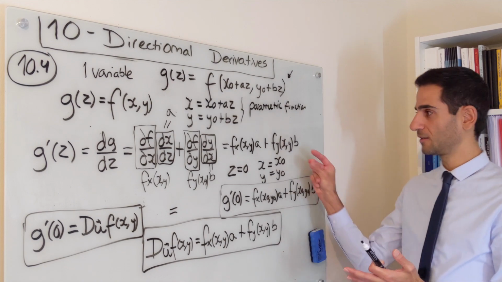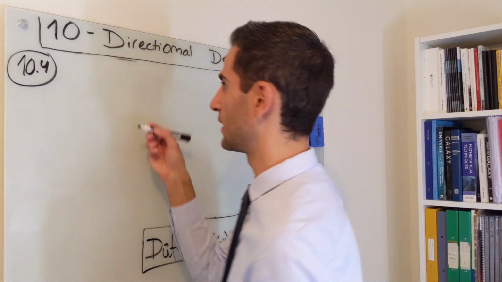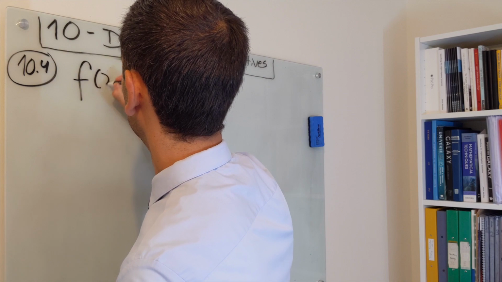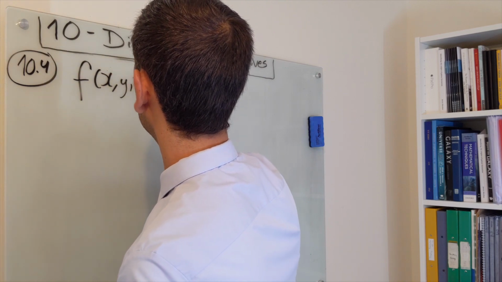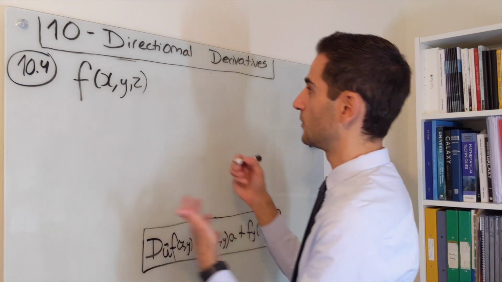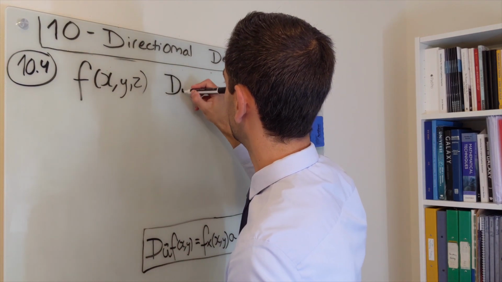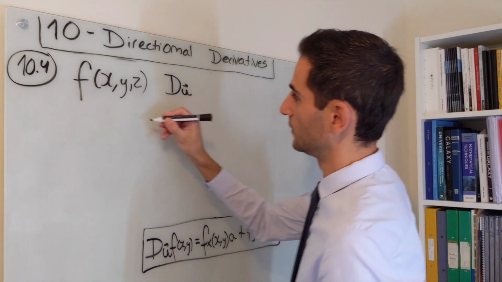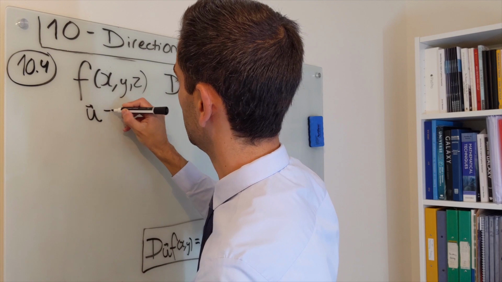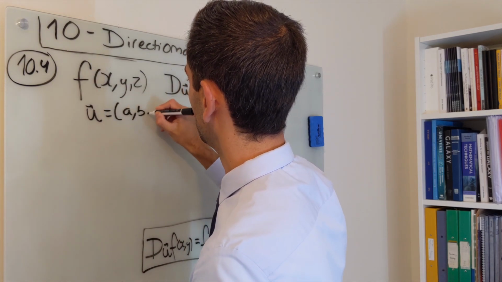Let's get some space here. For example, if you're looking at a function that depends on three variables, then the way you write and calculate the directional derivative along a unit vector u, in this case unit vector u would have components a, b, and c.